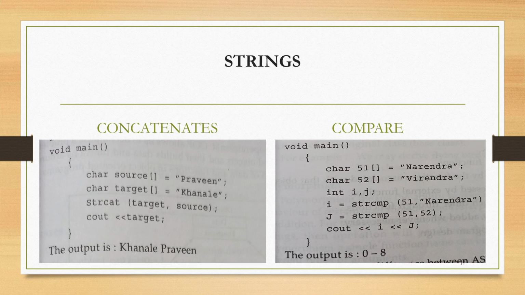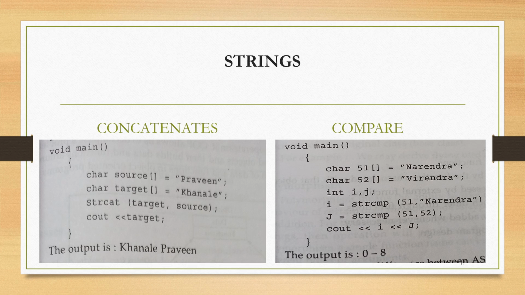If you want to compare two strings and they are exactly the same, the value becomes 0. When they are not the same, they give the difference of values. For example, S1 is Narendra and S2 is Virendra.